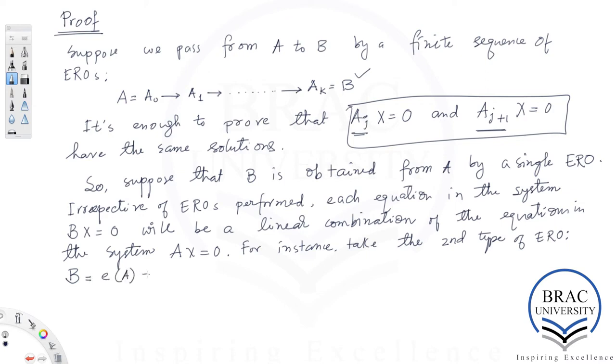Which means that Bij is equal to E of Aij, which is equal to Aij if I is not equal to R. And this situation can be described in terms of rows in the following way.